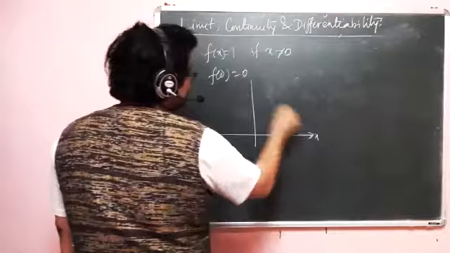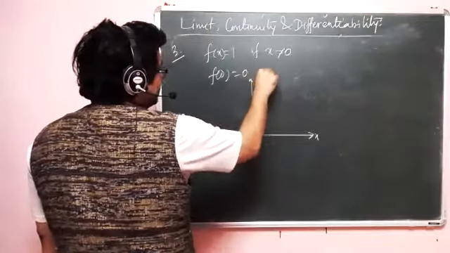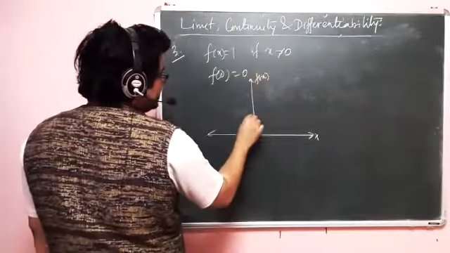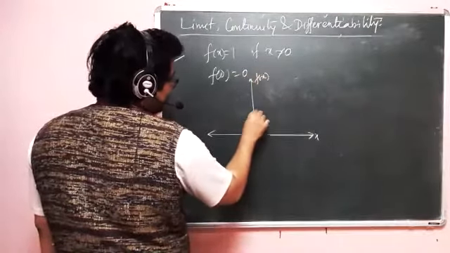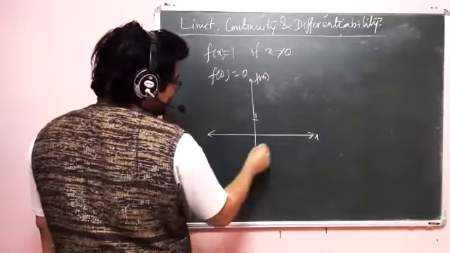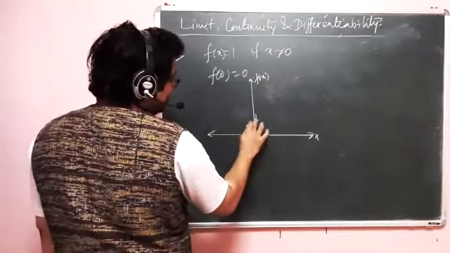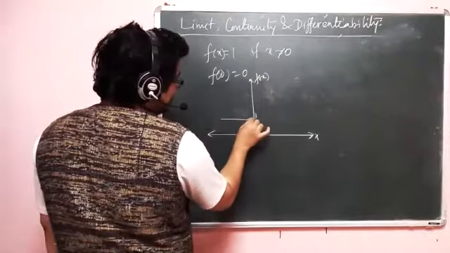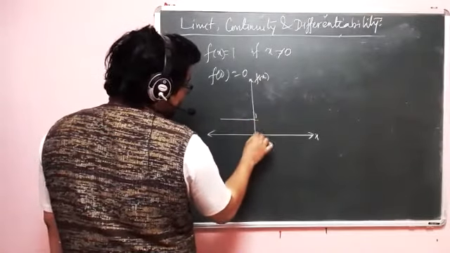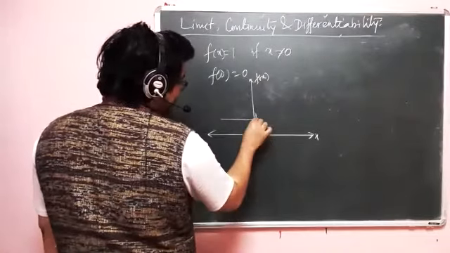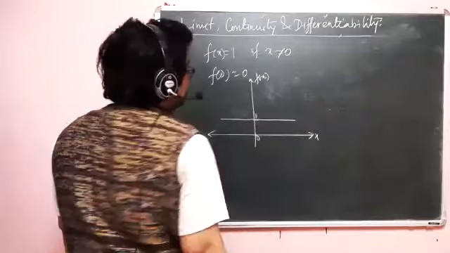So x, f(x), and if this is the 1 here, and this is 0 here, then the function goes like this. It comes like this. Then at this point, it reaches 0 suddenly, and then it goes like this.